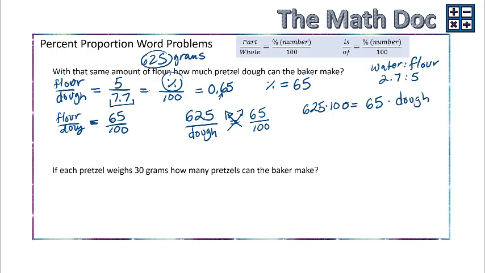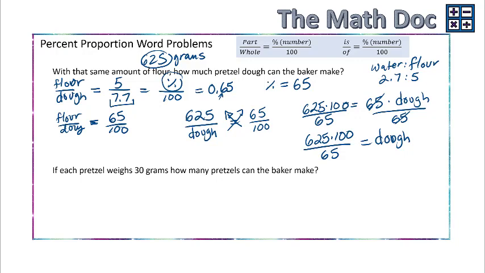Now let's divide both sides of this equation by 65 so that we can isolate the dough. The 65 here and the 65 here cancel, and 625 times 100 divided by 65 is equal to the dough.